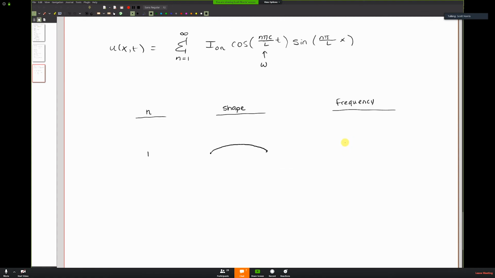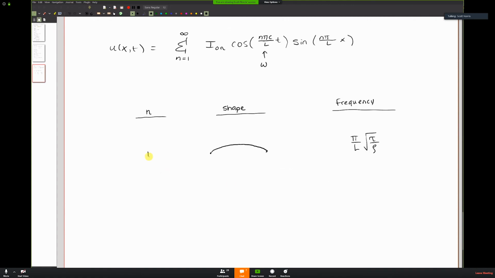So it is n pi, square root of tau over rho, all divided by L. And if n equals 1, then I just have pi. In fact, I don't like how that looks, so I'm going to write just pi over L square root of tau over rho as my frequency.